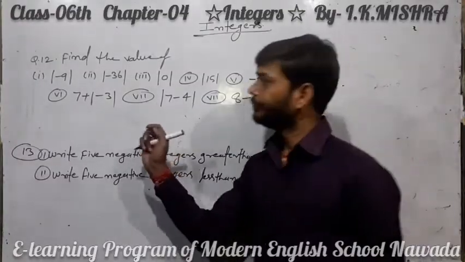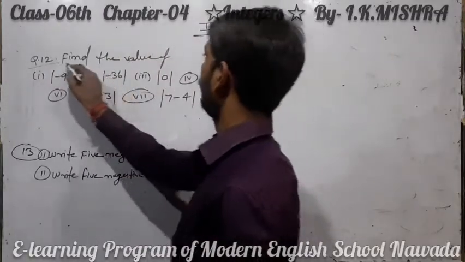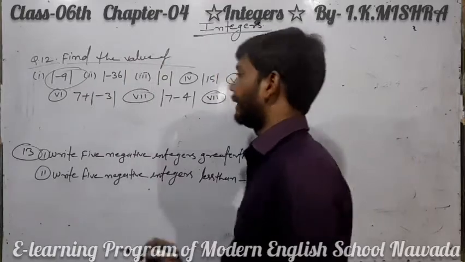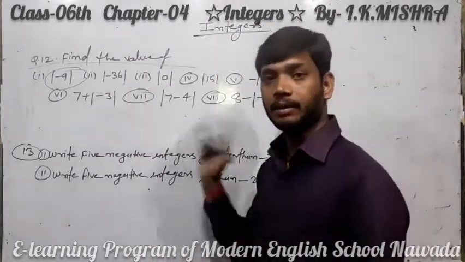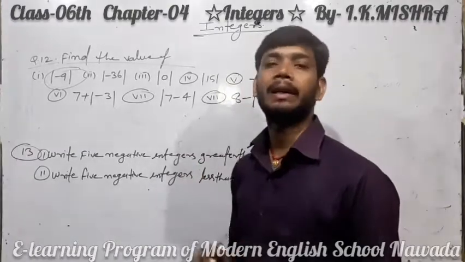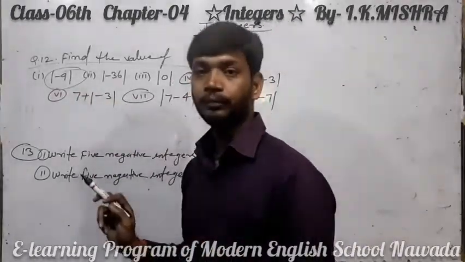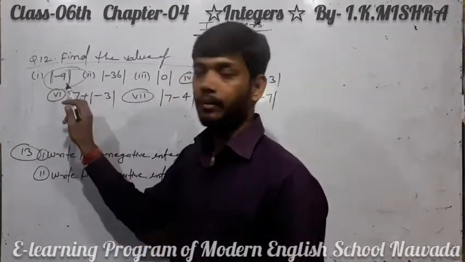Your next question, question number 12, find the value of modulus of minus 9. Students, in the explanation where I explained the absolute value of integers, I discussed this type of problem. What do you mean by mod 9?